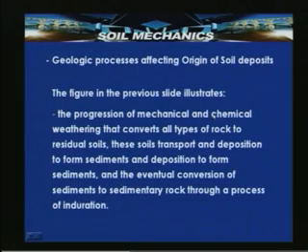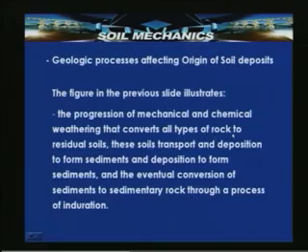So, that is what we have seen in the previous slide: the progression of mechanical and chemical weathering that converts all types of rock to residual soils, and these soils are transported and deposited to form sediments, and the eventual conversion of sediments to sedimentary rock through a process of induration. This is the process which affects the origin of soil deposits.